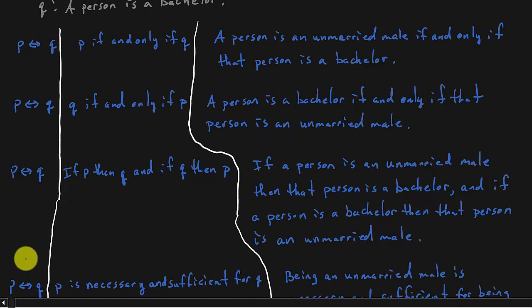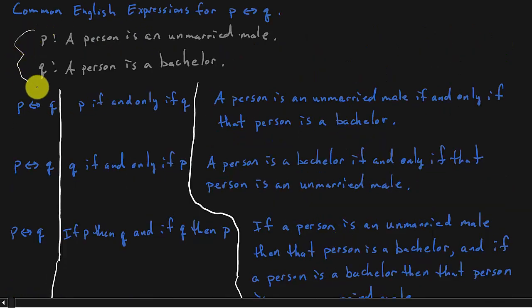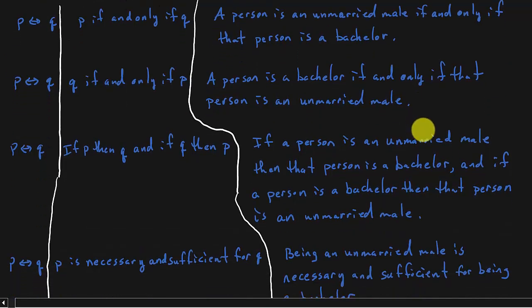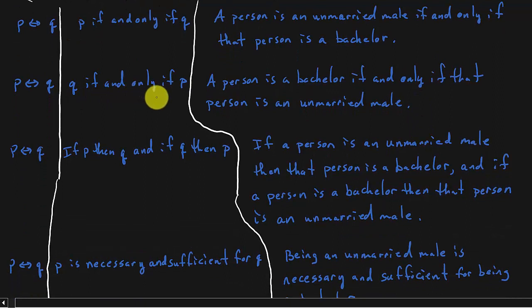Just like before, notice the symbol is the same all the way around. There are different ways that we can say it. We can do P if and only if Q, which is what we just saw and is the more common one. So a person is an unmarried male if and only if that person is a bachelor. Remember your statements P and Q up here. Then we have Q if and only if P: a person is a bachelor if and only if that person is an unmarried male.